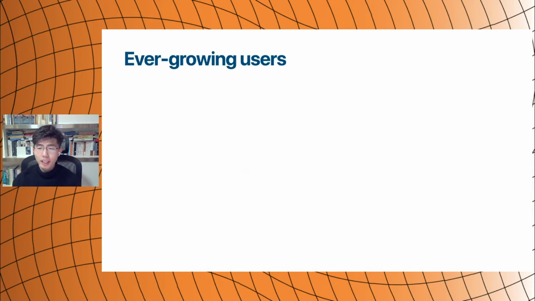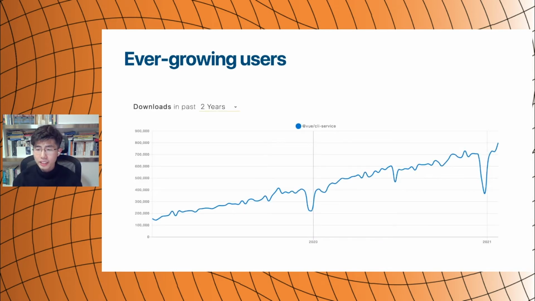During the time of maintaining those projects, Vue CLI has also seen a steady growth of user adoption. In the last 2 years, the weekly download count has more than quadrupled. It started from less than 200,000 downloads per week to now about 800,000 downloads per week.